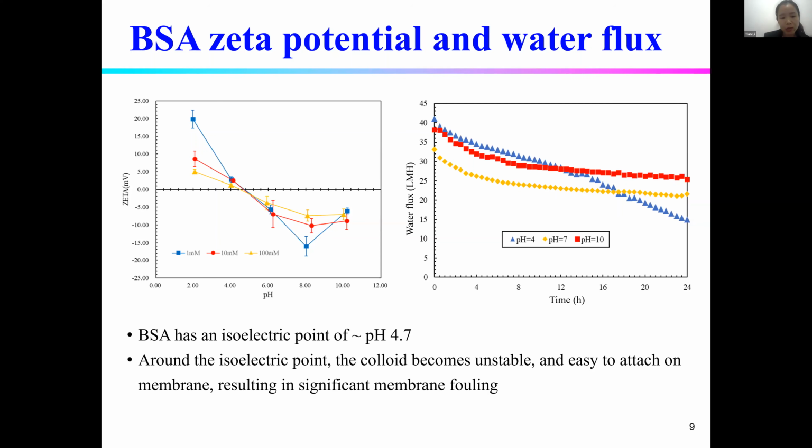With a lower ionic strength of 1 millimole, the zeta potential first decreased, then around 4.7 it becomes nearly 0, and when the pH further increased, the zeta potential becomes larger with a negative value. Since the zeta potential of the BSA is around 4.7, we find that when the pH is around 4, the water flux drops significantly, while for the pH of 7 and 10, the water flux drops slightly.